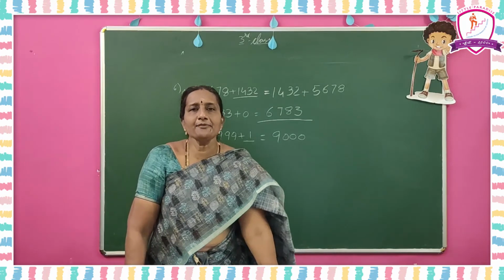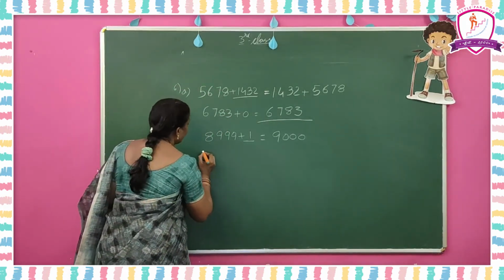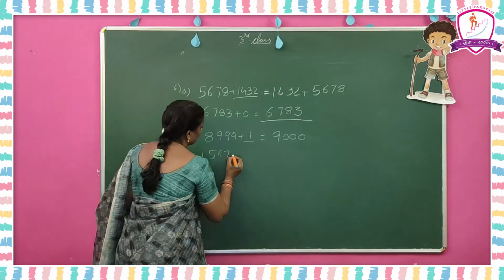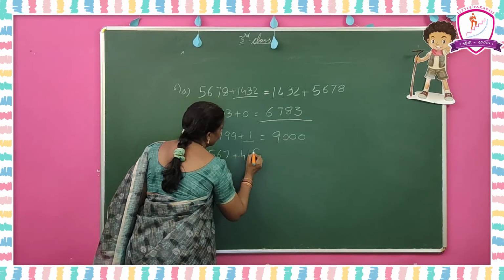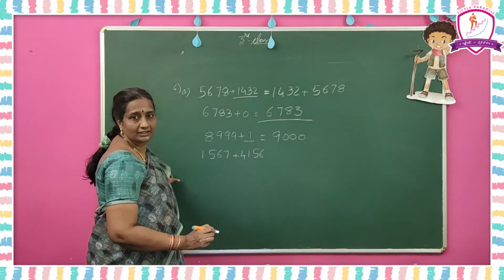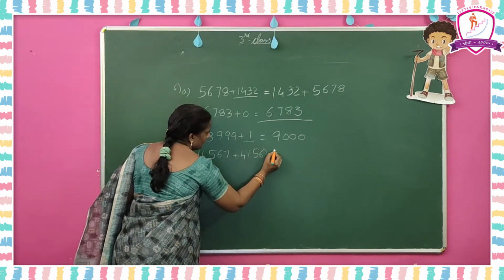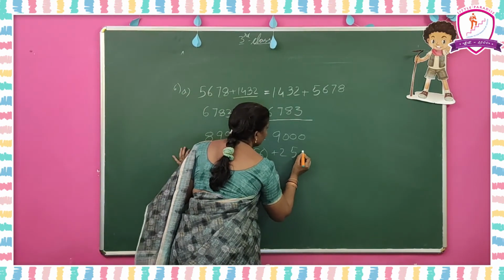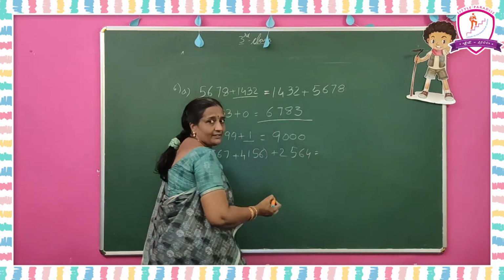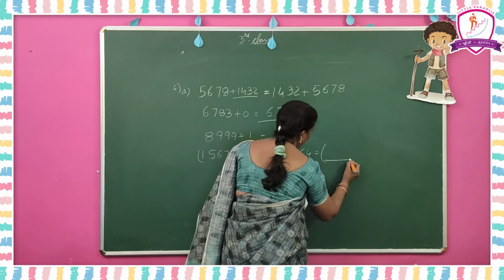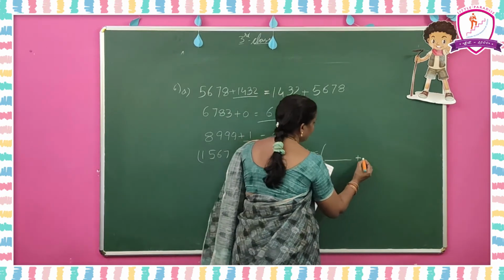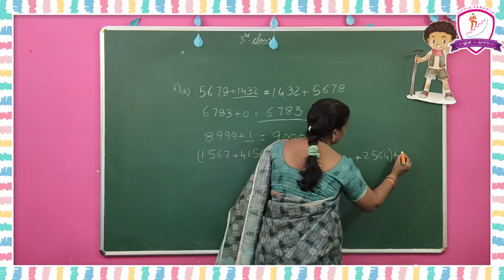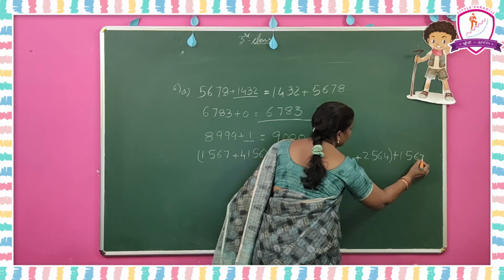Next, 1567 plus 4156, grouping these two numbers, plus 2564 is equal to dash plus 2564 plus 1567.